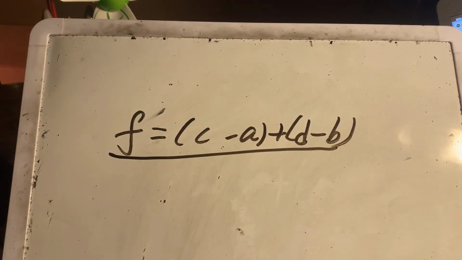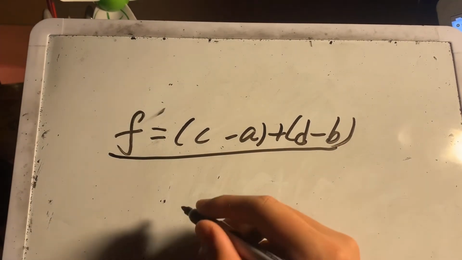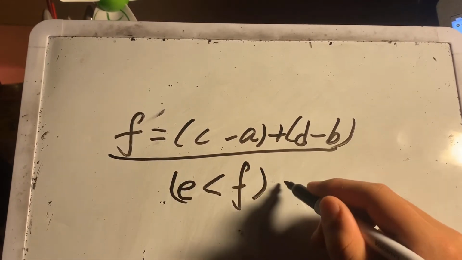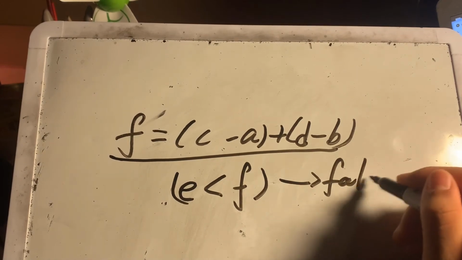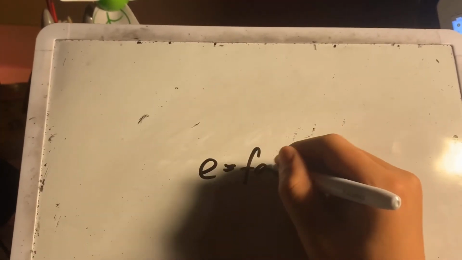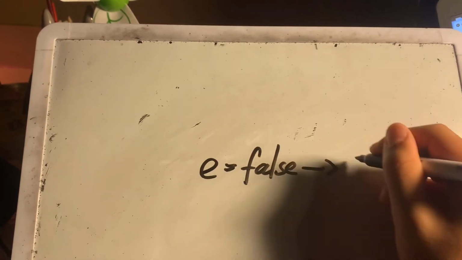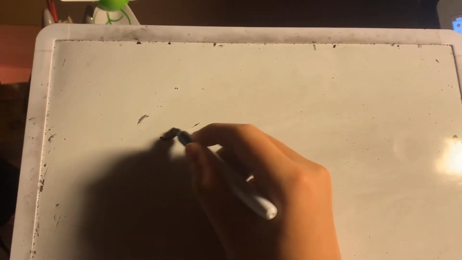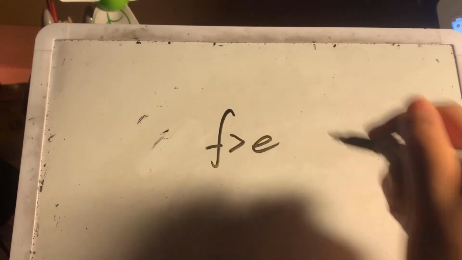So first we can make sure that if the energy is less than the shortest length, then definitely you just print out false. If E is equal to the shortest length, then definitely it's true. So the thing we need to discuss is what if F is smaller than E?